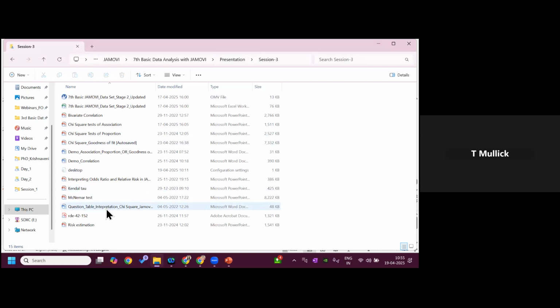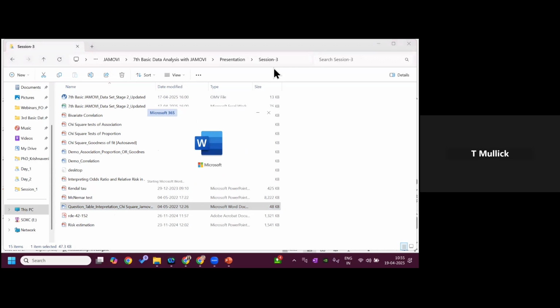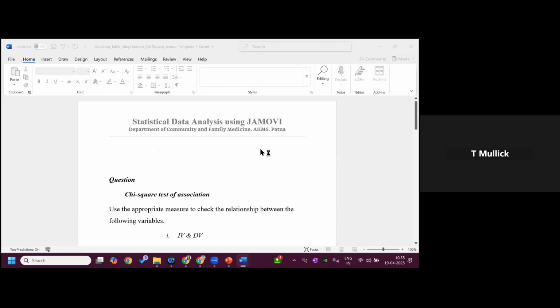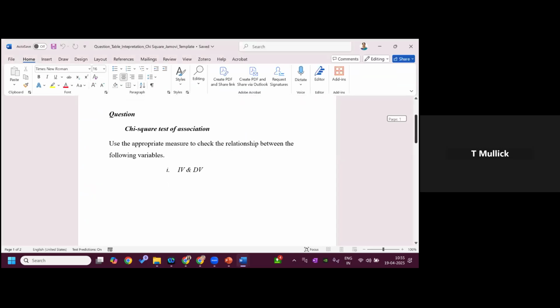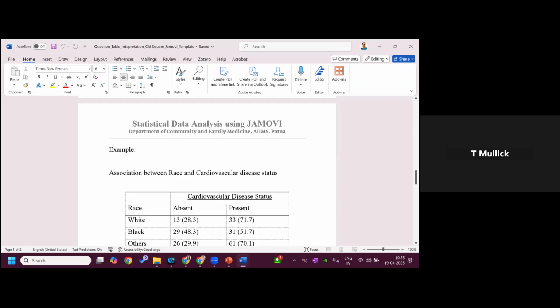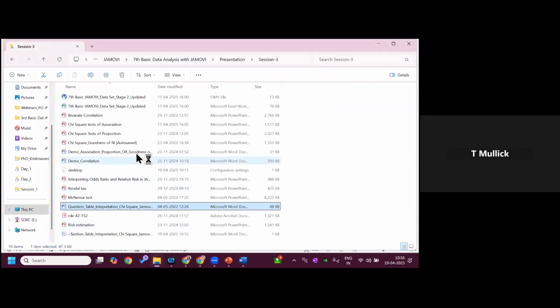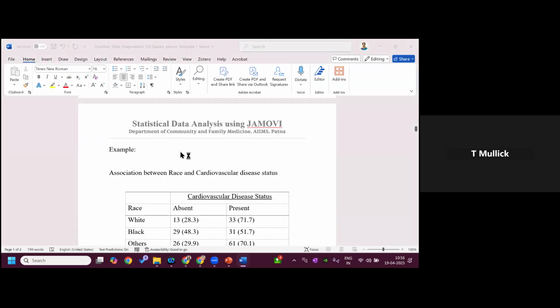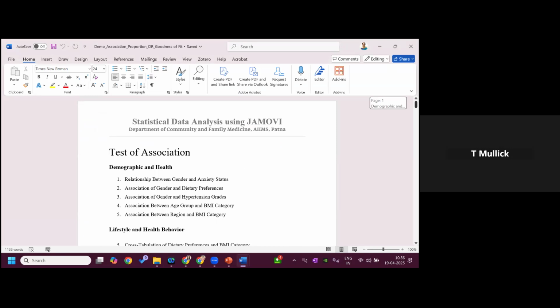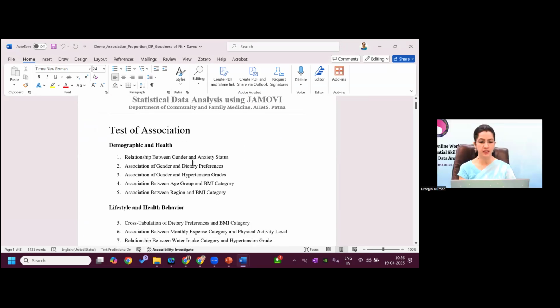So let's see what the question is. We have to see the relationship between gender and anxiety status, and the association between gender and dietary preferences.